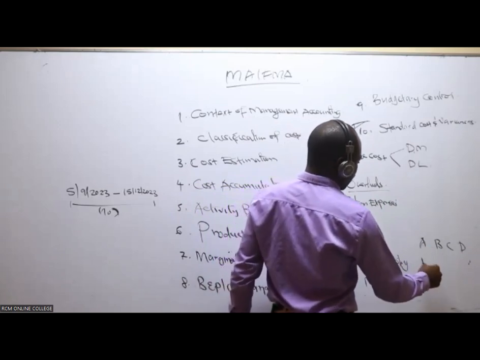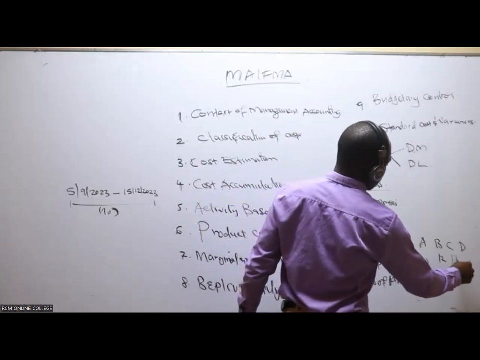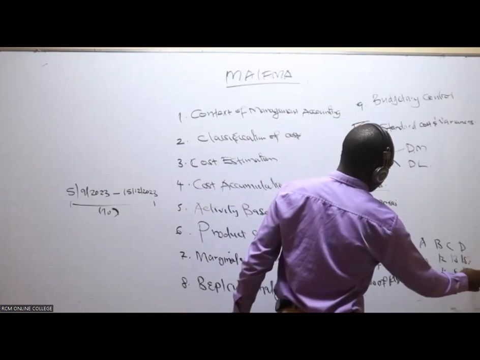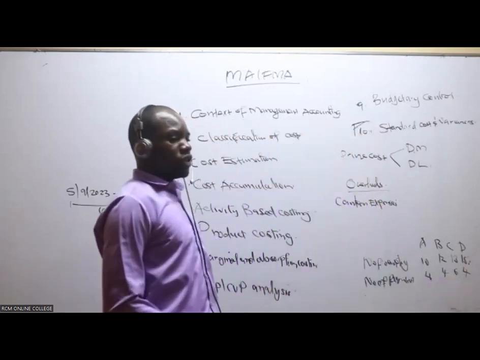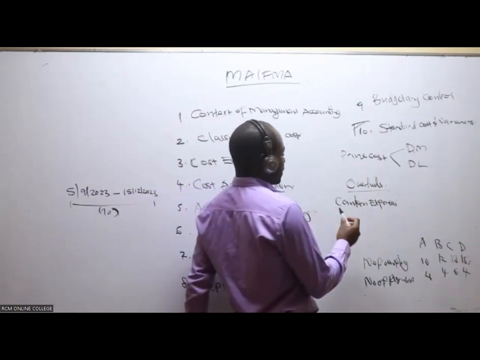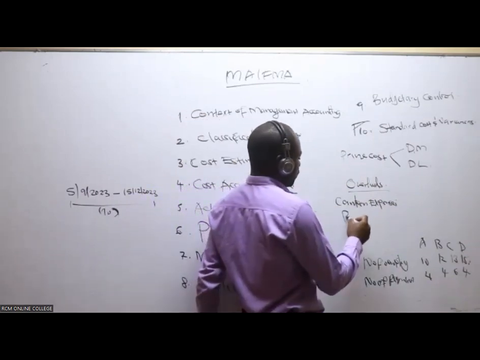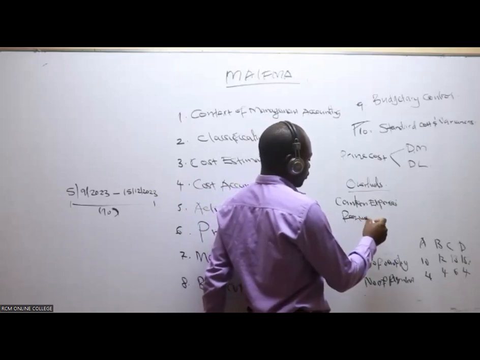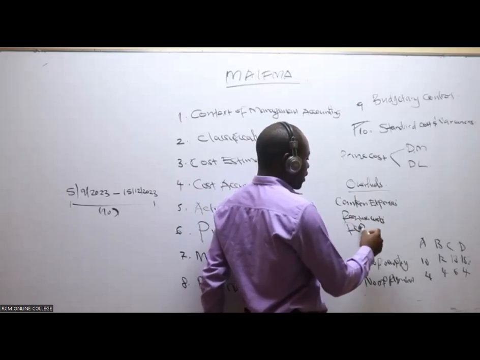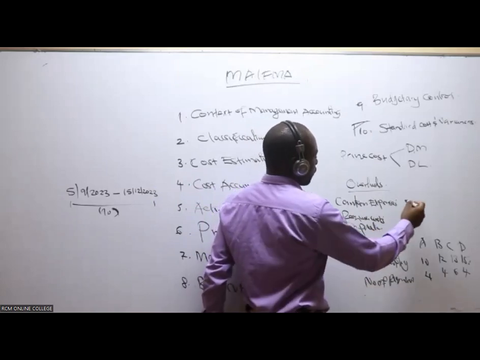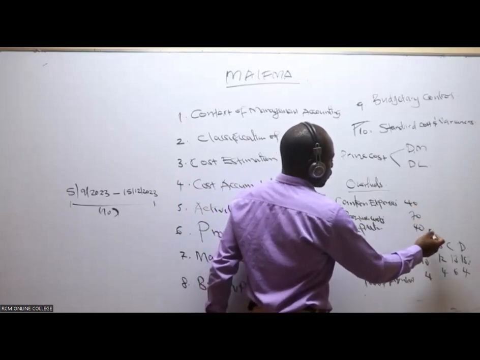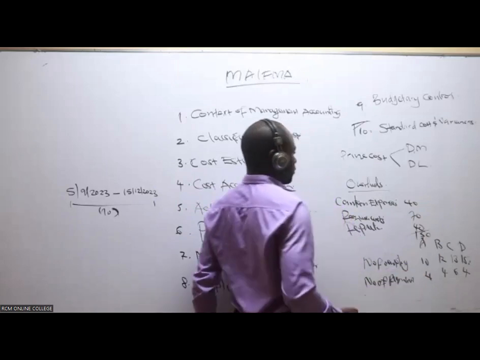Number of employees, we have 10, 12, 13, 15. Here we have 4, 4, 6, 4. So when I'm coming to allocate, I have canteen expenses, requisition cost, and depreciation of machinery. I have the amounts here, 40, 70, 40, to give me 150.